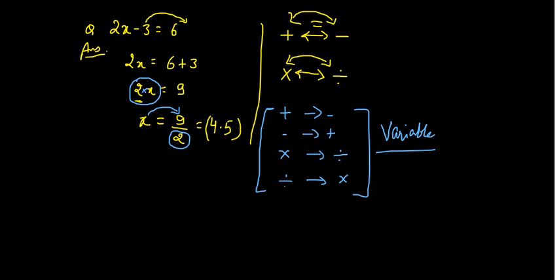Like here we have 2 multiplied by x, which means it was multiplied with x. That's why when it goes to the opposite side of x, it gets divided into 9. So this was the traditional way of learning it, and this is a very fundamental thing that we have learned. Okay, I hope you have got that.